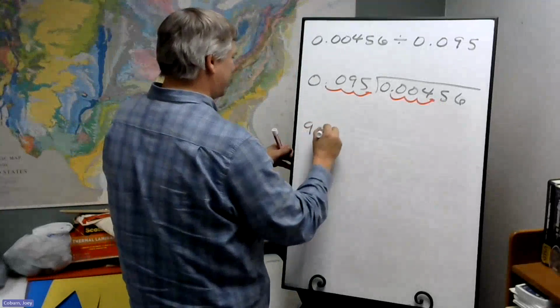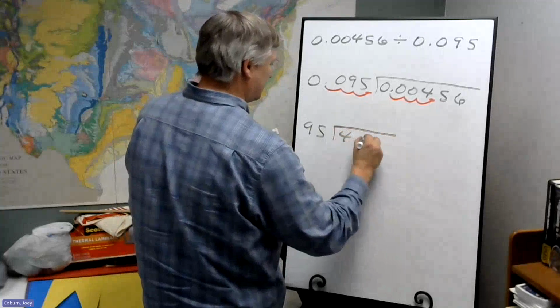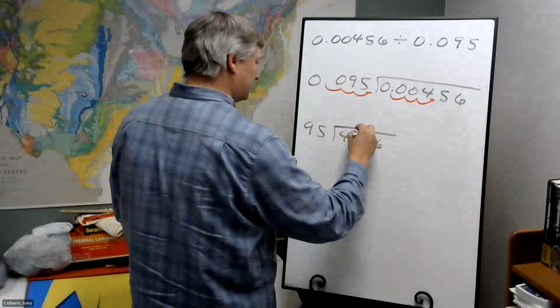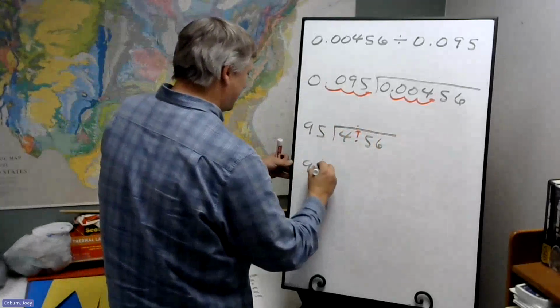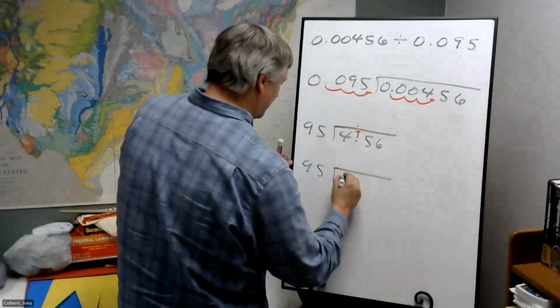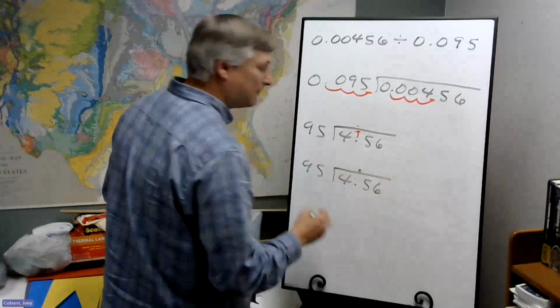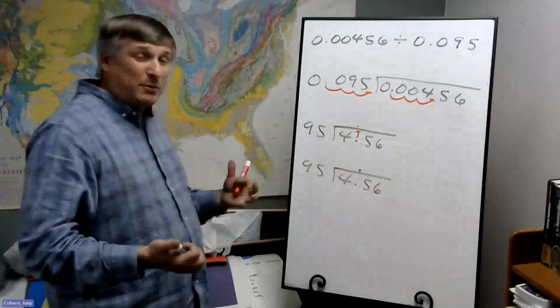Until it's 95 and 4.56. Then we copy the decimal. And it's 95, 4.56. With a decimal above. And again, these two are lined up. So now we do the division.